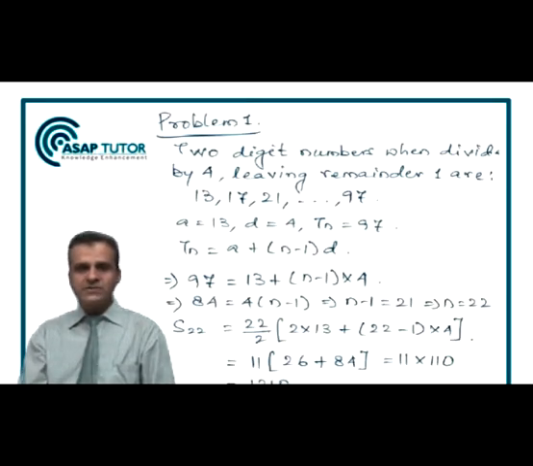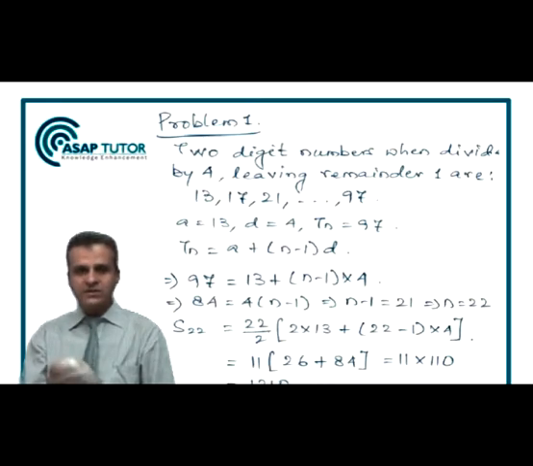Now the two-digit numbers start from 10 and go up to 99, and if we select only those numbers which when divided by 4 leave a remainder 1, then those numbers will be 13, 17, 21 and so on up to 97.